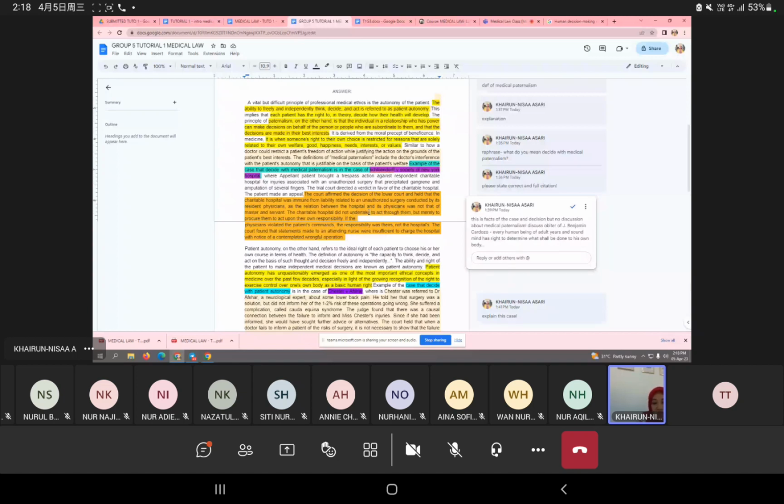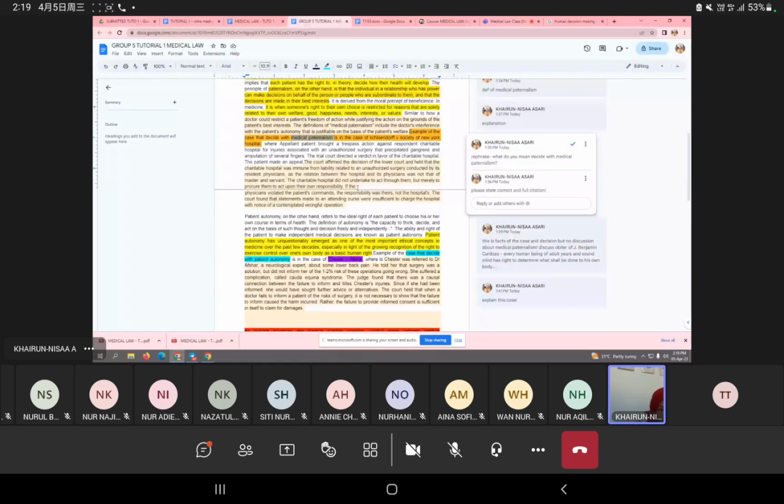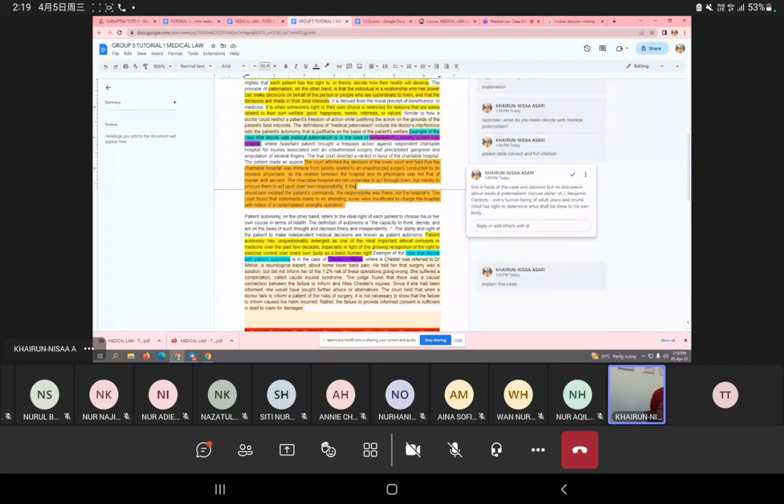He said, every human being of adult years and sound mind has a right to determine what shall be done with his own body. Oh, sorry, before that, this is wrong. You talk about medical paternalism, but the way you put the decision, it is as if it does nothing to support medical paternalism.